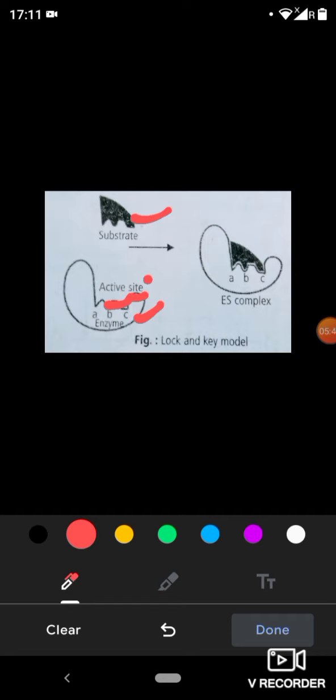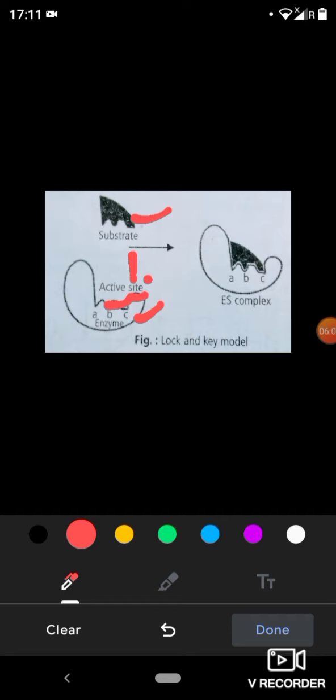The active sites also contain special groups like NH2 groups, COOH groups or SH groups for establishing contact with the substrate molecules. The contact is such that the substrate molecules or reactants come together, causing the chemical change. It is similar to the system of lock and key.